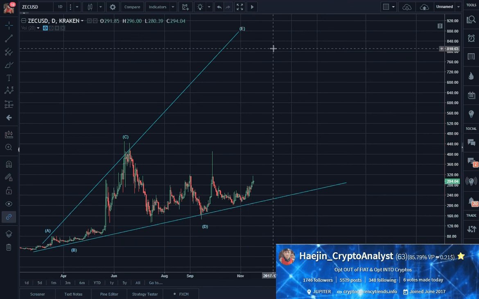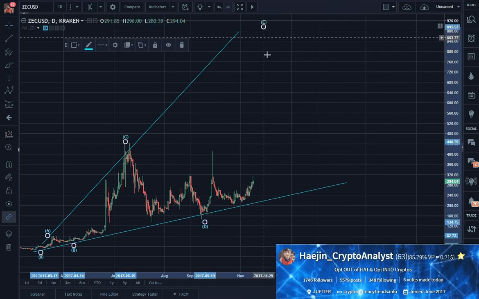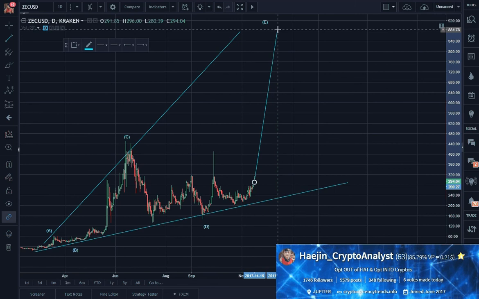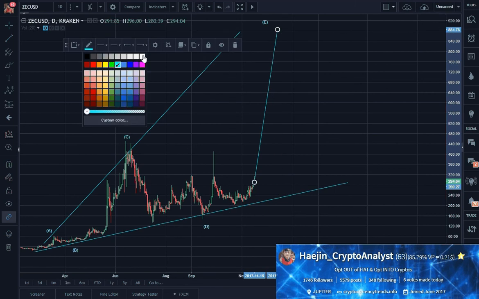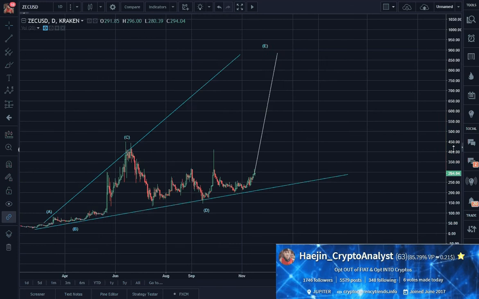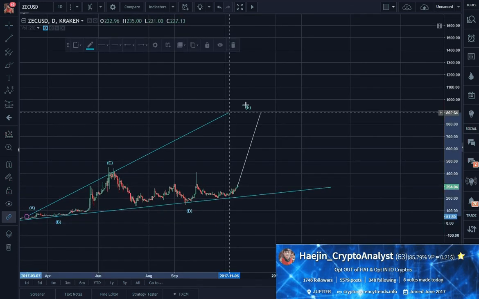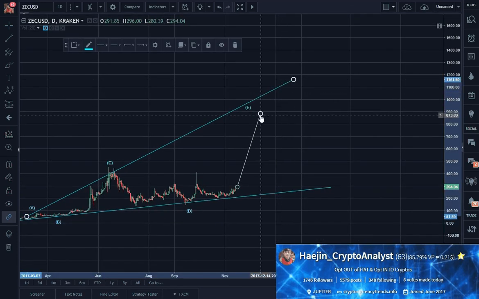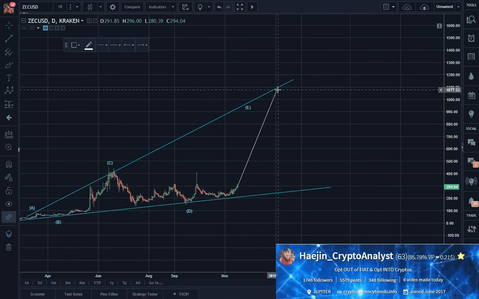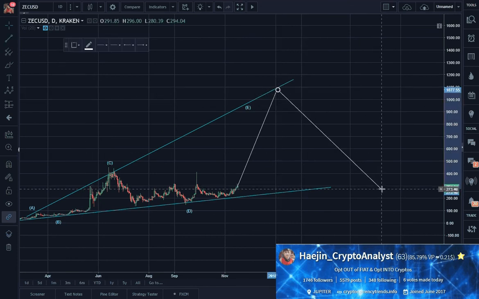This is why I call this the jaws of wealth. Look at the potential. A, B, C, D, E. And once it gets there, what would I call this? The jaws of death. Once it's on top, I would then call this the jaws of death.